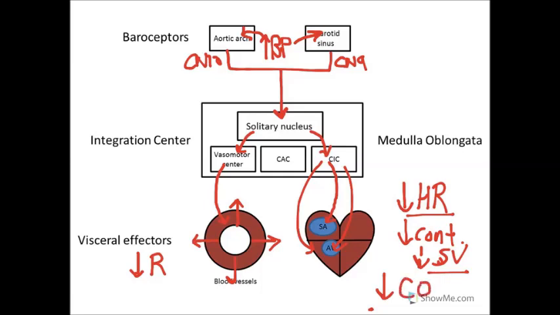And remember, pressure is equal to cardiac output times resistance. The resistance has gone down, cardiac output has gone down, so pressure goes down. So, negative inotropic: we're preventing this contraction from happening.